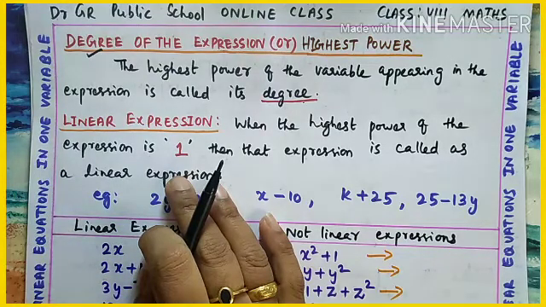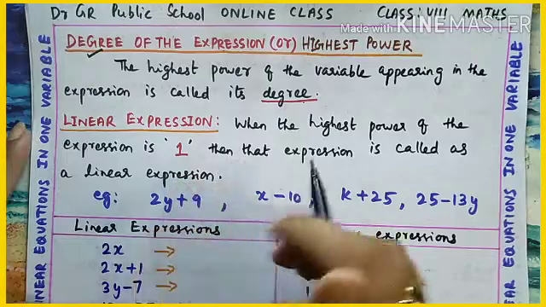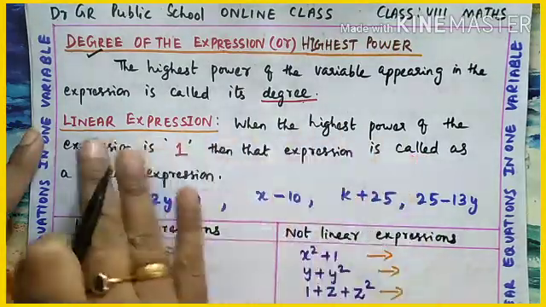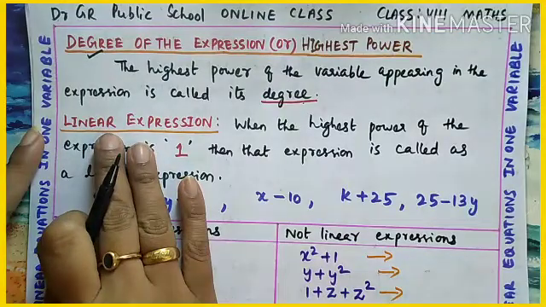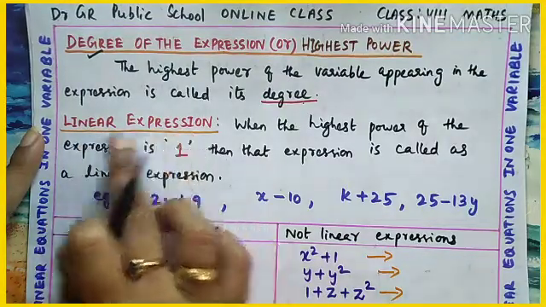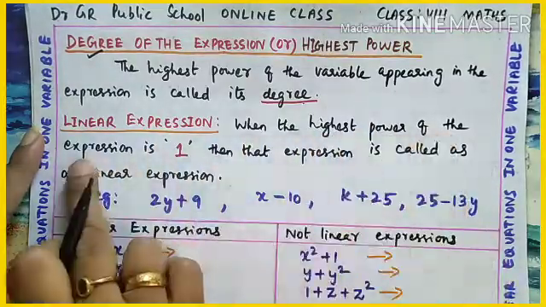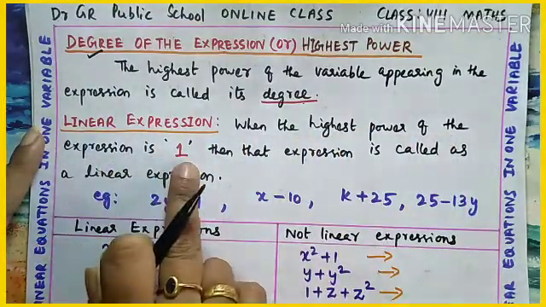We are going to study only linear expressions. Before going to linear equation, we can study what a linear expression is. A linear expression is one where the highest power of the expression is 1.